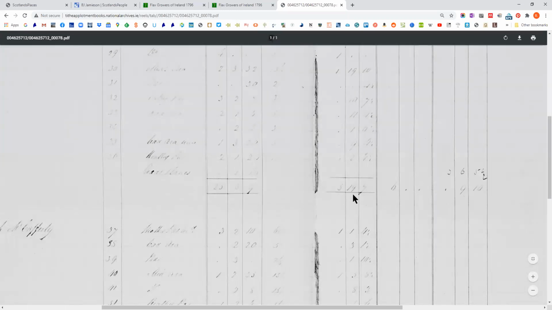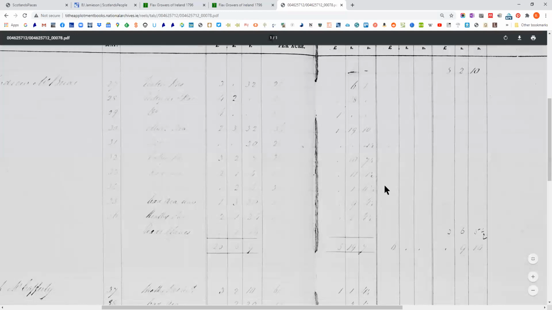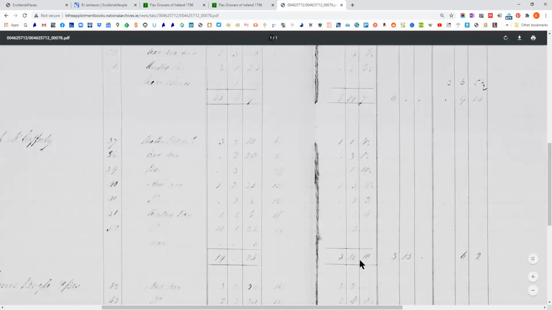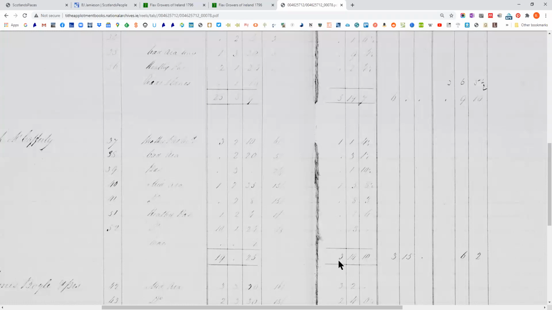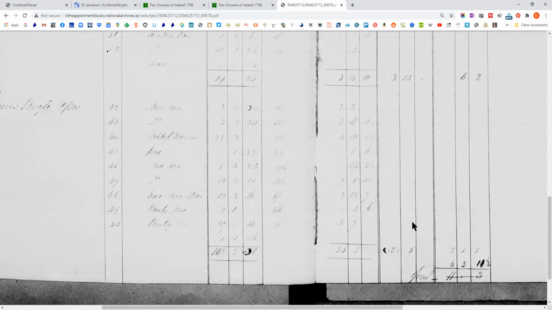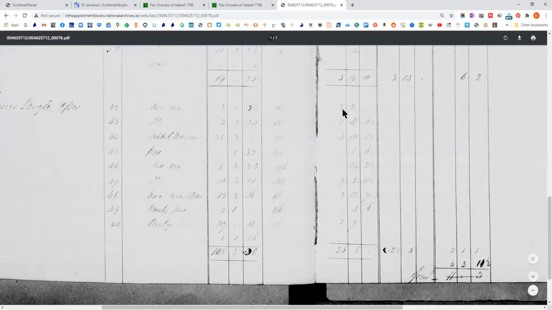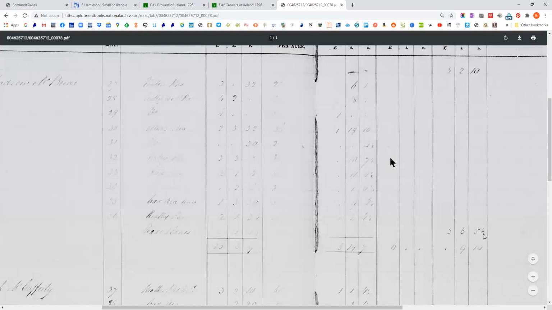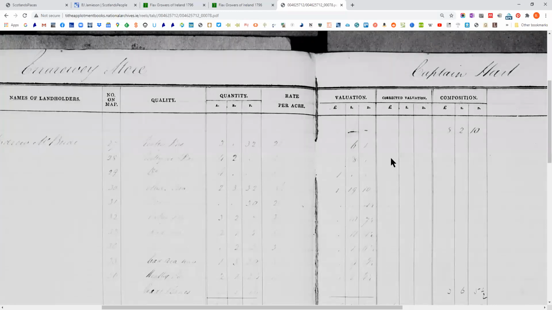And so, this person had just under 6 pounds on their valuation, and then this family had 5 or just under 4, and this family has 25 pounds. So this family has more land and or much better land than the other 2 families on the page.